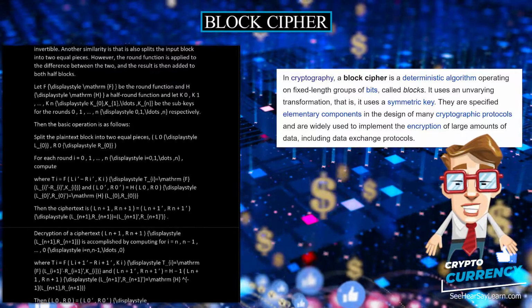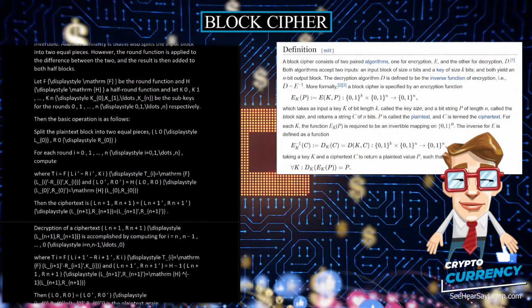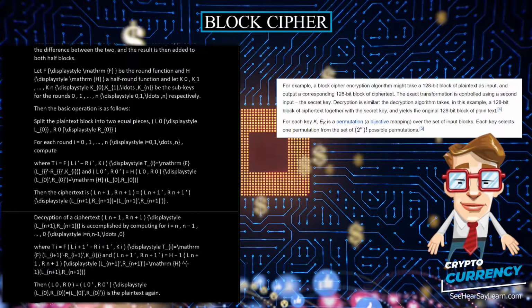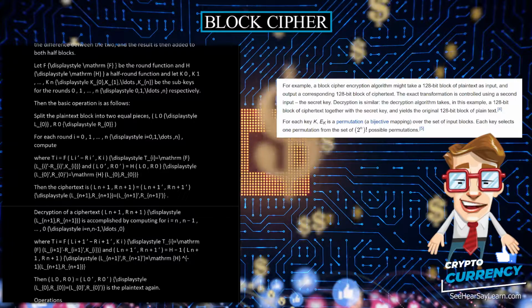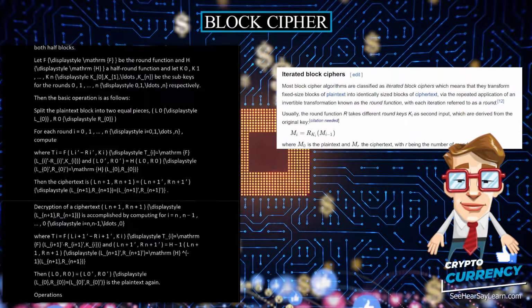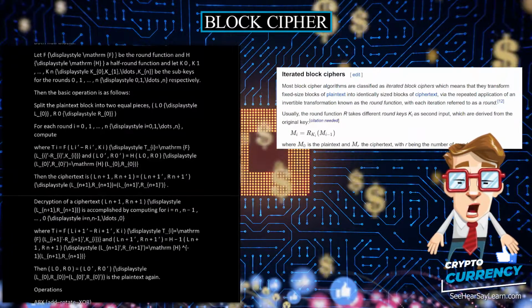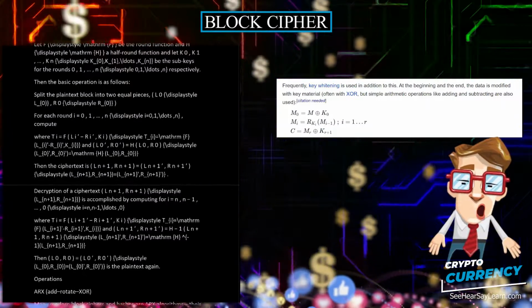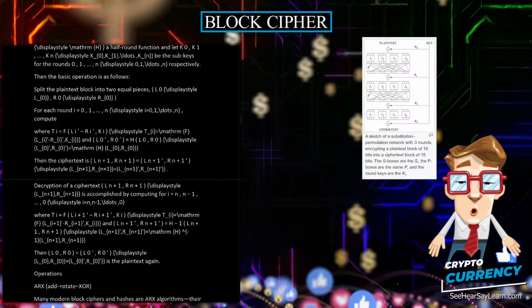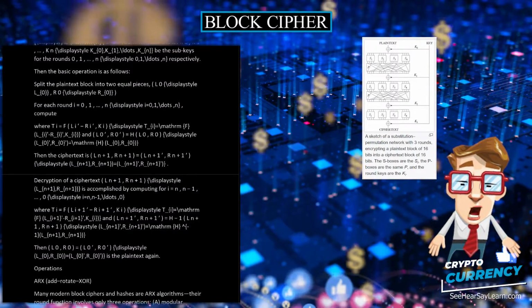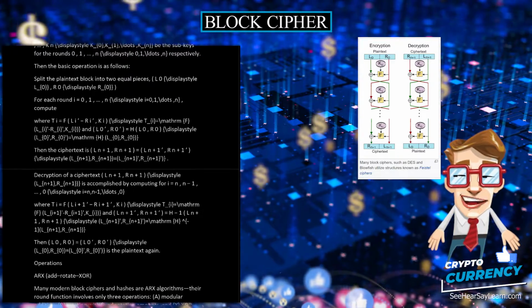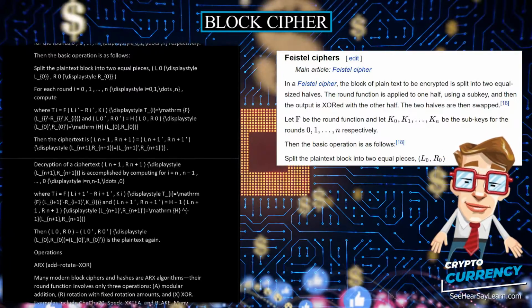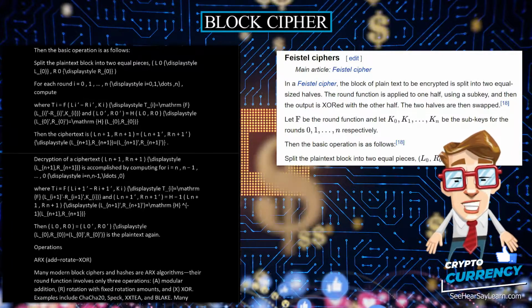For each round i = 0, 1, …, n, compute L_{i+1} = R_i ⊕ f(L_i ⊕ ... , k_i), where t_i = f(L_i, R_i, k_i), and (L_0, R_0) = h(L_0, R_0).